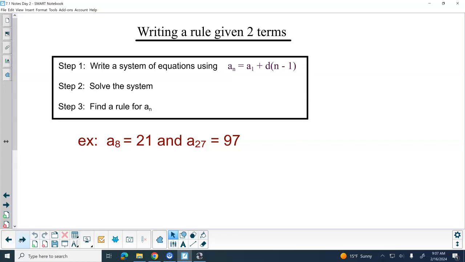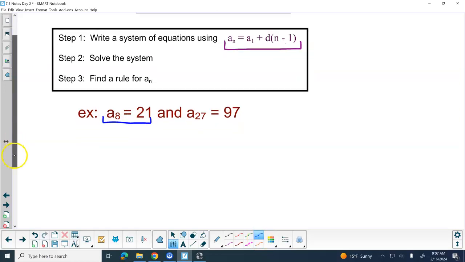Okay? Now I remind you from yesterday that the rule of an arithmetic sequence is the first term plus the common difference times the term number minus 1. Okay, that's the rule. So if I'm going to do that, then I am going to have to use that on this term.